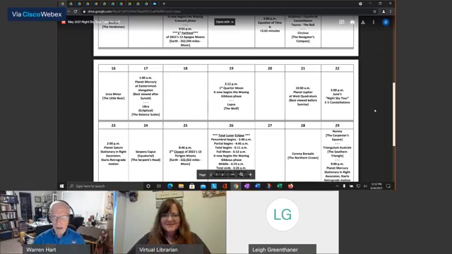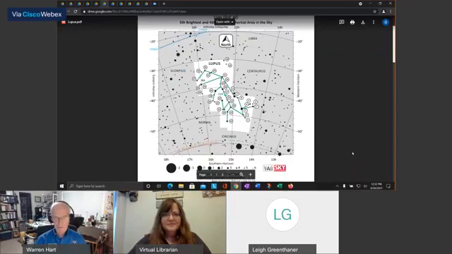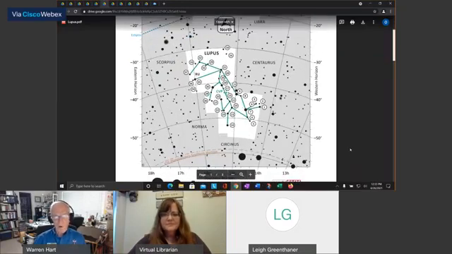That evening, we have the constellation Lupus the Wolf. Let's take a look at it real quickly, and we'll see what we have on Lupus the Wolf. And in relation to it, notice Scorpius is up to the top and to the left of, we'll say, the tail of the wolf and his back leg there.